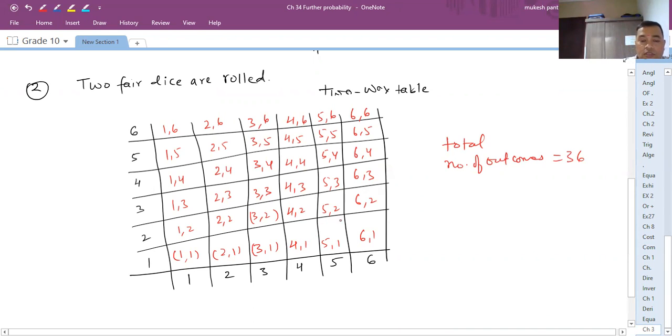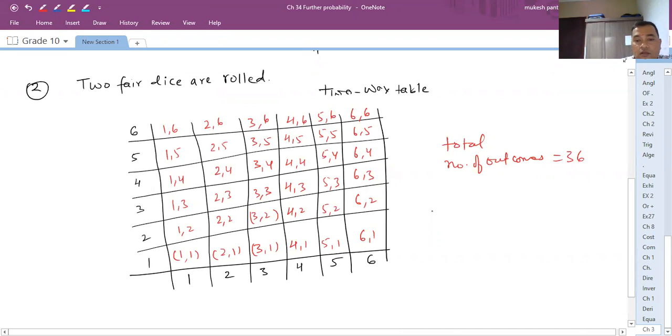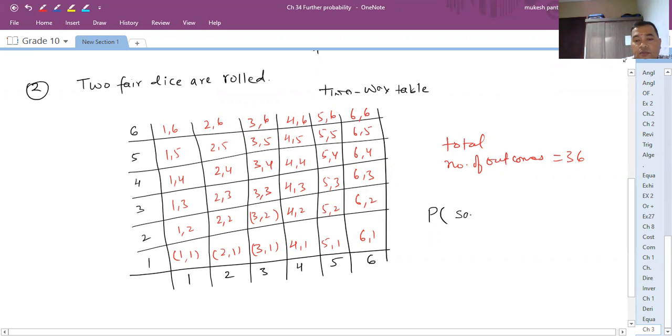Now, what type of question may you have from the table? For example, the probability of the same numbers coming in the pair.